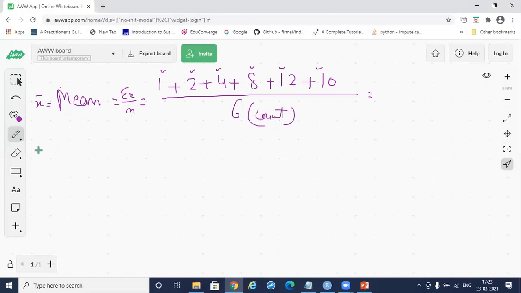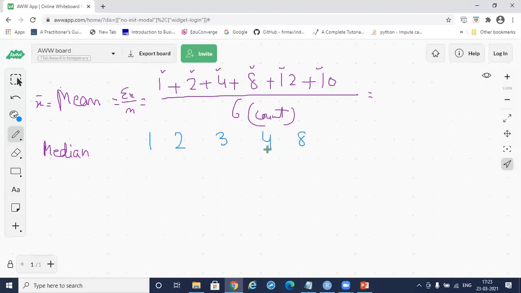Now, what is the median here? Let's understand the median. Median is basically the central value. What is the central value? Suppose I'm taking some data here: 1, 2, 3, 4, 8.